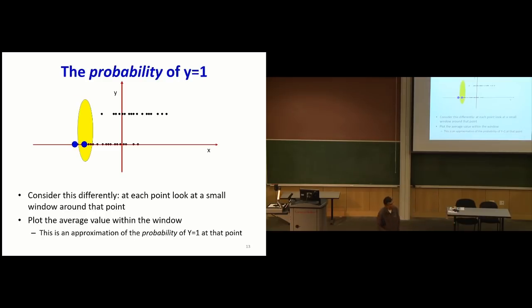As I keep plotting this left to right, you will find that this average is basically an approximation of the a posteriori probability of y taking the value 1 when x takes the corresponding value. So this average is simply an approximation of p of y equals 1 given x.